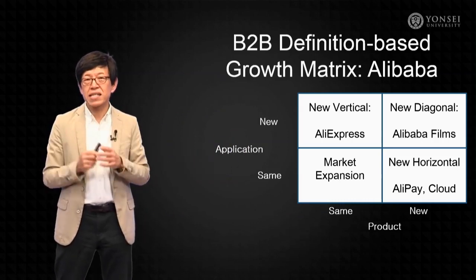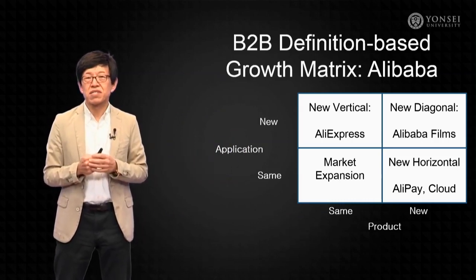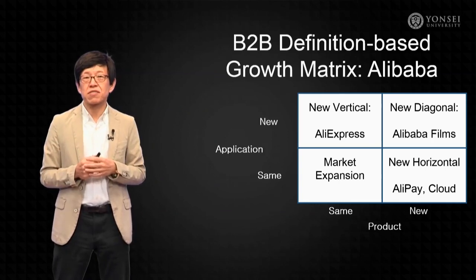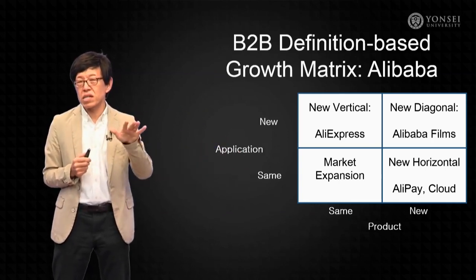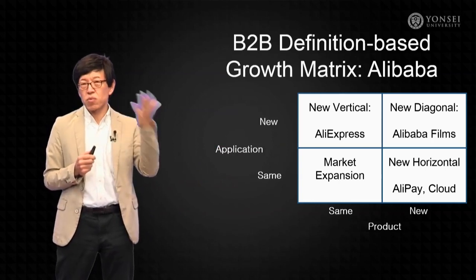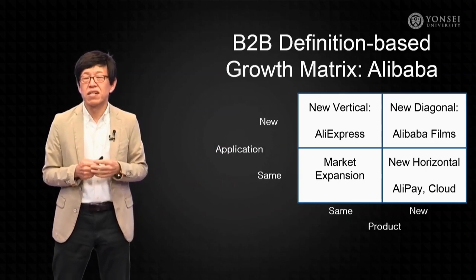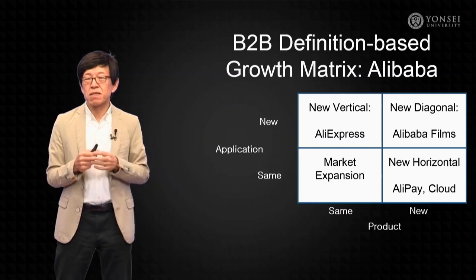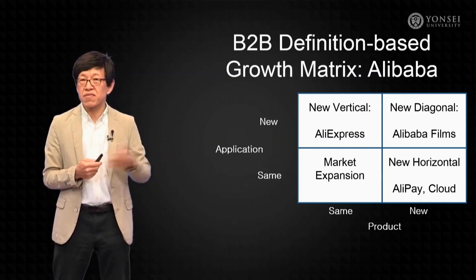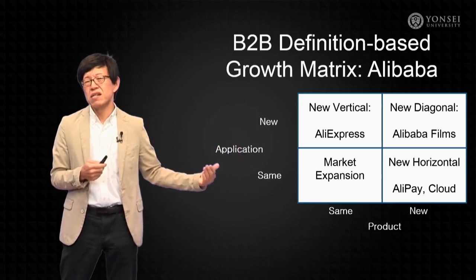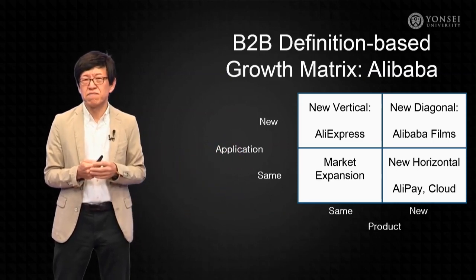So there's nothing organic about it, but it still bears the name Alibaba. So maybe that is the commonality. Given the high brand equity, the high brand awareness that people have, Alibaba Films may be taking advantage of that brand equity, even though it's in a very different line of business.